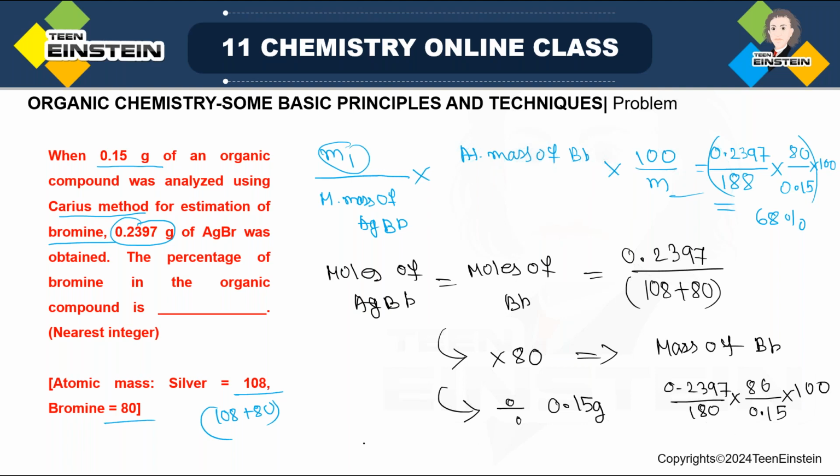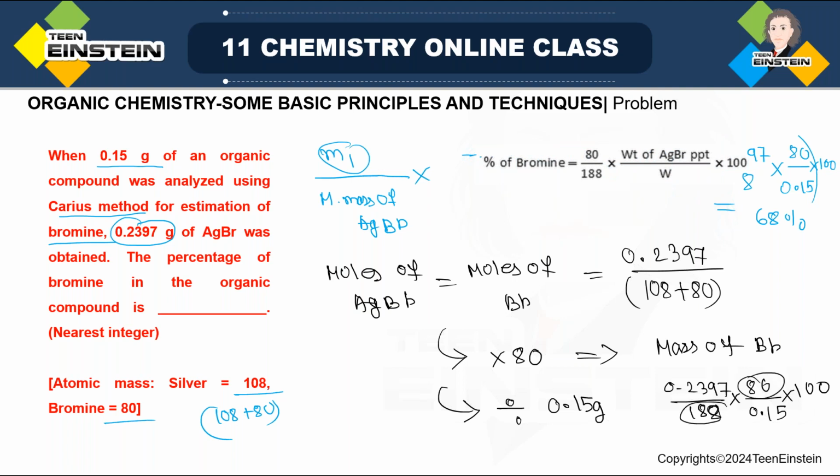So in this way we can solve the problem. Fine. Okay, here formula is also written. Whatever, we have already done it. It is 188, weight of AgBr precipitate, which is this one, and W is 0.15.